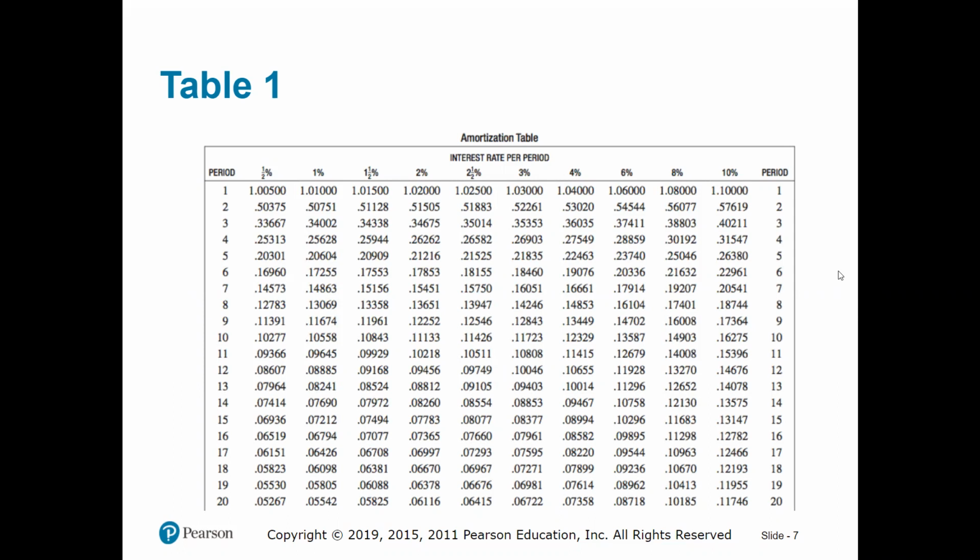Like I've said many times before, printing it out is definitely worth it, in my personal opinion. So, go easy on ourselves: if we had 20 months or 20 payments left and the interest rate per period was 8%, then we would multiply the loan amount by 0.10185. That's just an example.